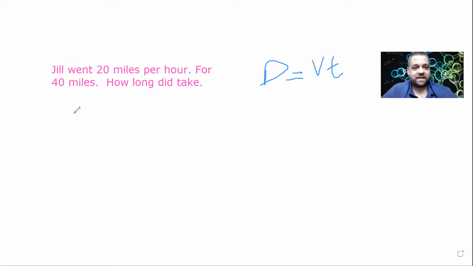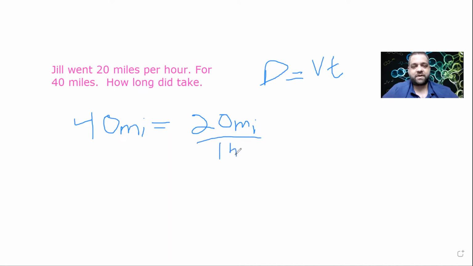That's going to be 40 miles equals 20 miles per hour, again, that's 1 hour, times time.